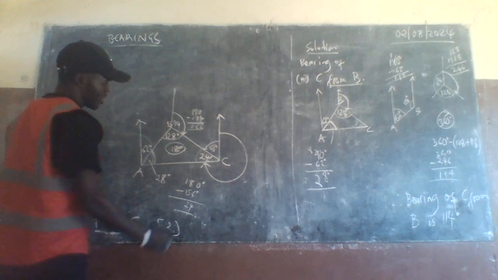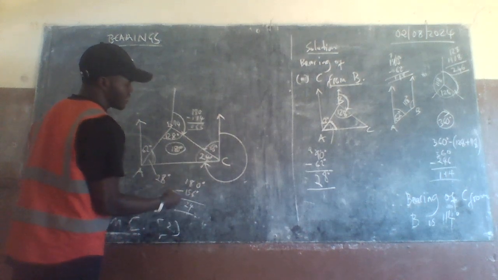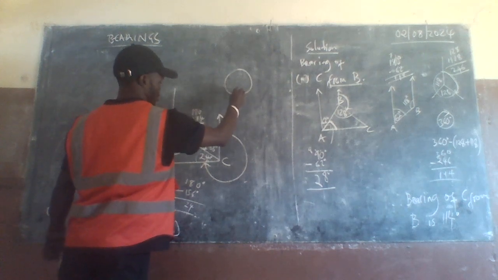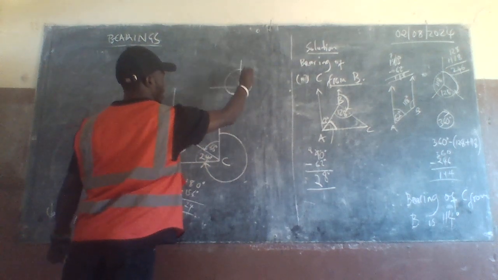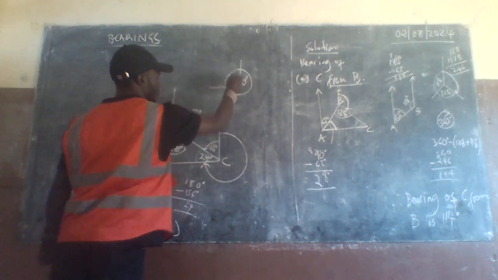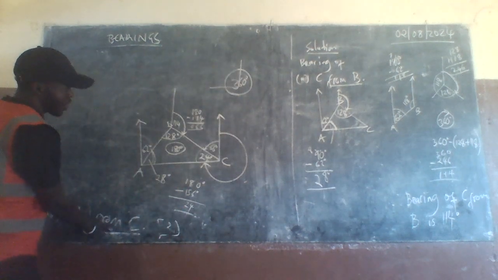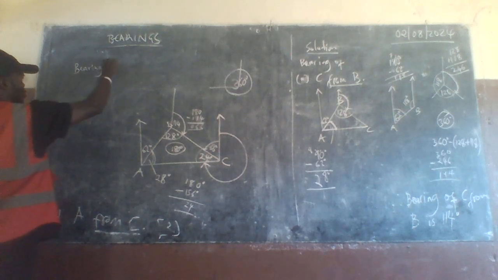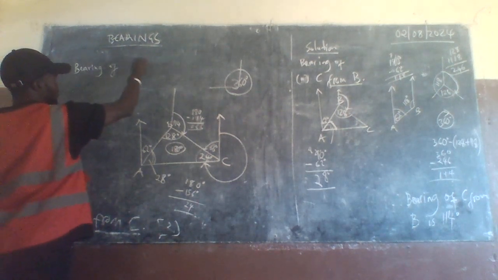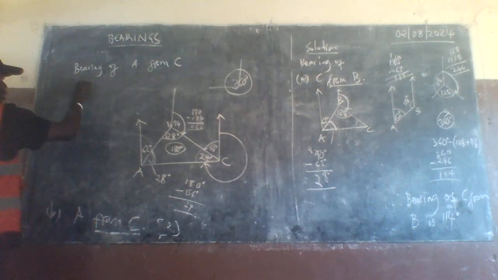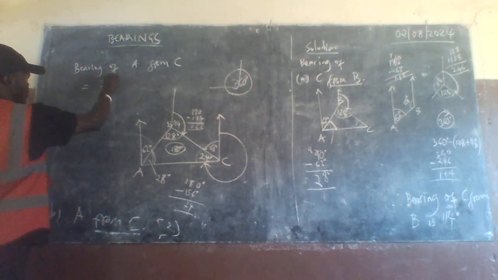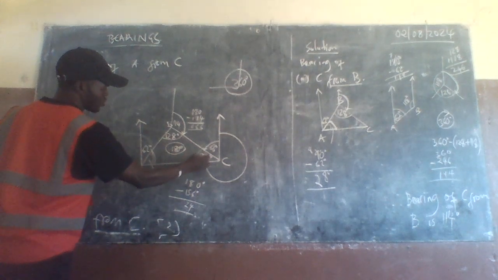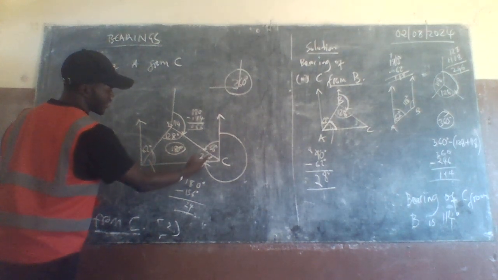From there, we shall say 360 degrees, since this one was supposed to be a circle, and the circle is 360 degrees. So to find our question now, we are just going to say bearing of A from C equals 360 degrees minus the addition of these two, which is 66 and 24.